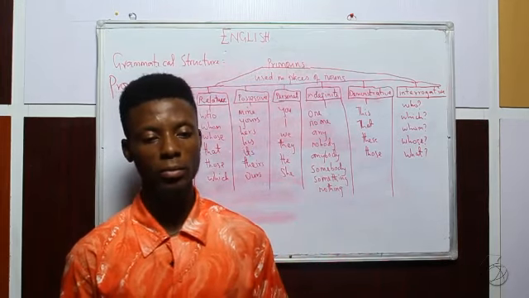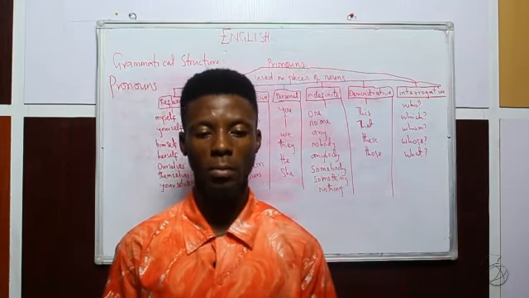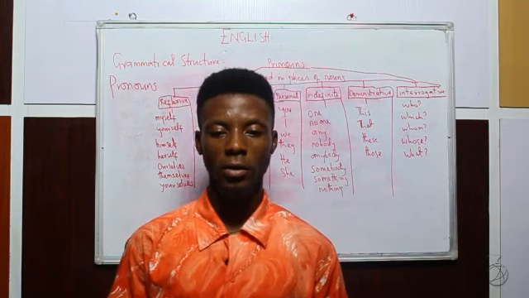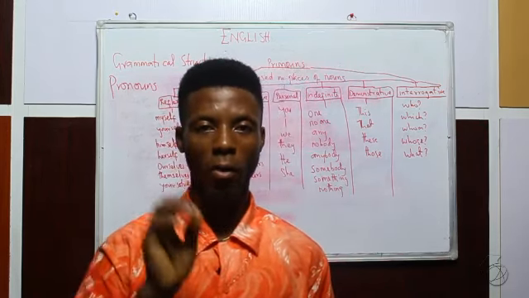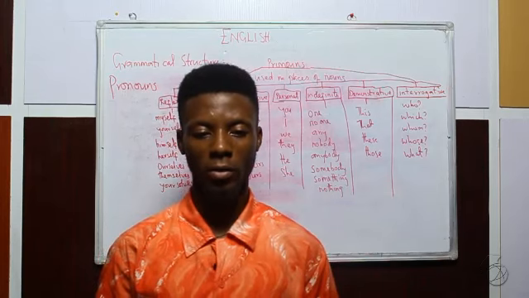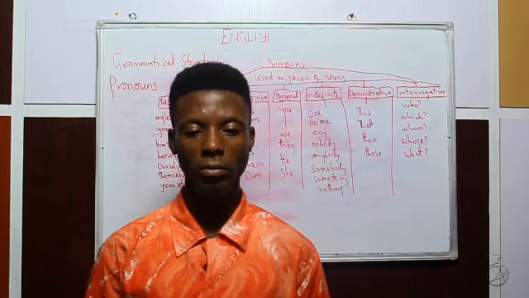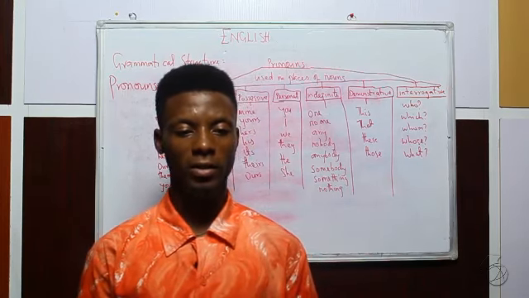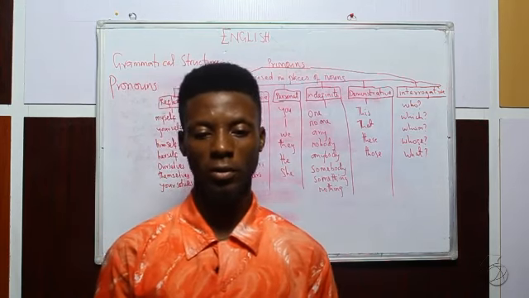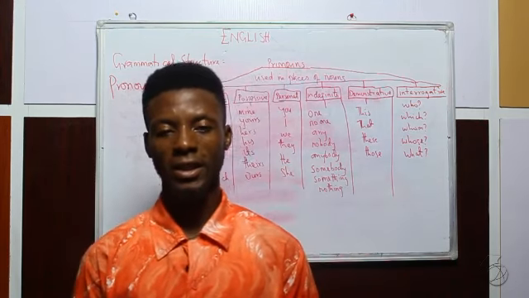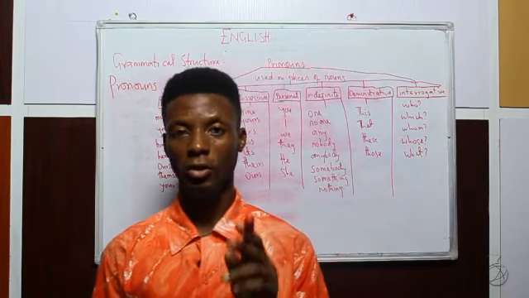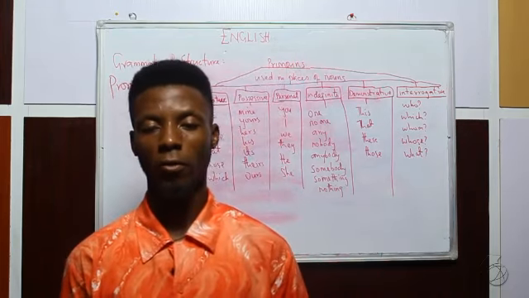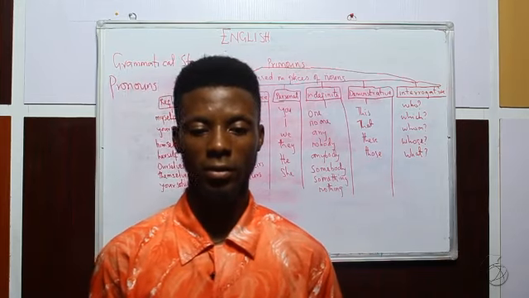Example, I love you. I is a singular form of the pronoun there, and it's taking the form of the first person. Another example is, he eats rice. He is the subject of that sentence.